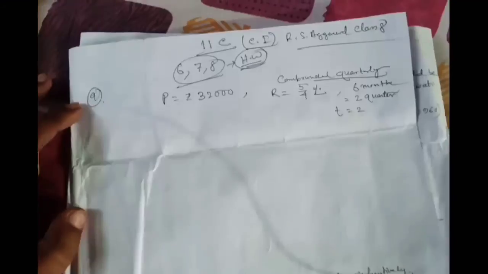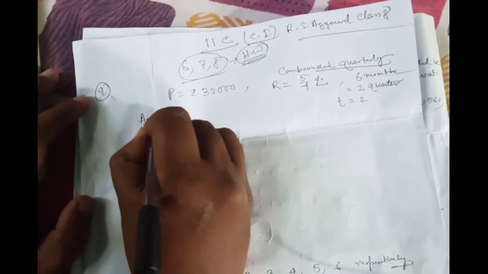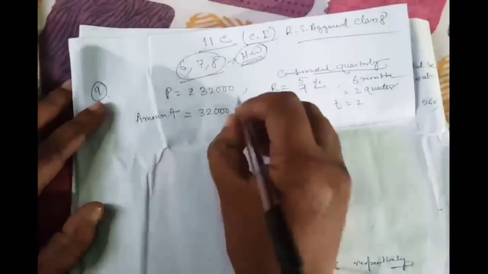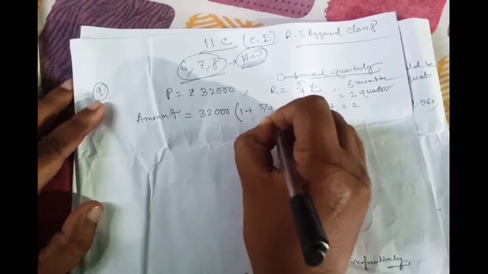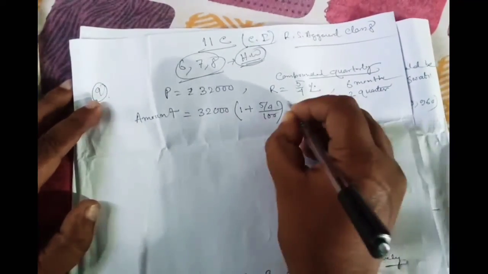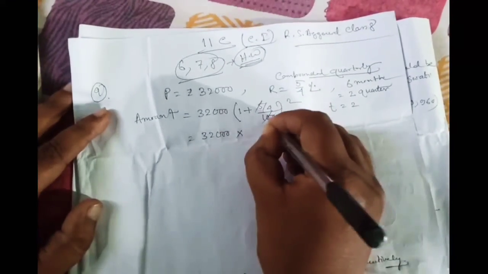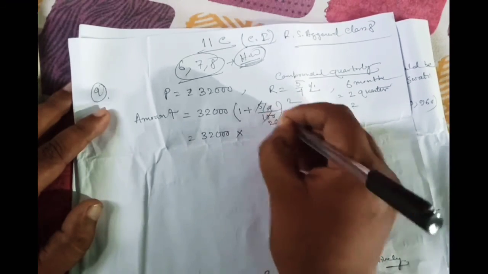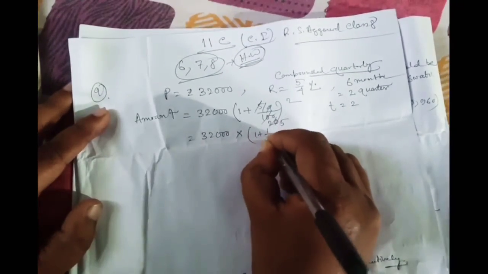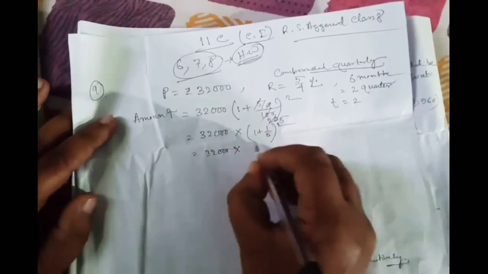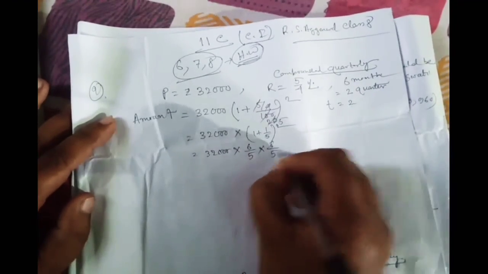So obviously the amount should be 32,000 into 1 plus 5/4 by 100 whole to the power 2, 32,000 into 1 plus 1/5 whole to the power 2, that means 32,000 into 6/5 into 6/5.